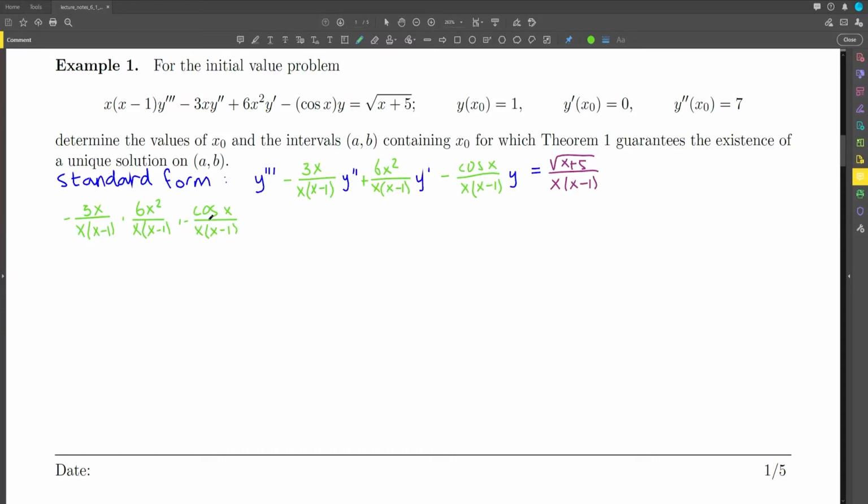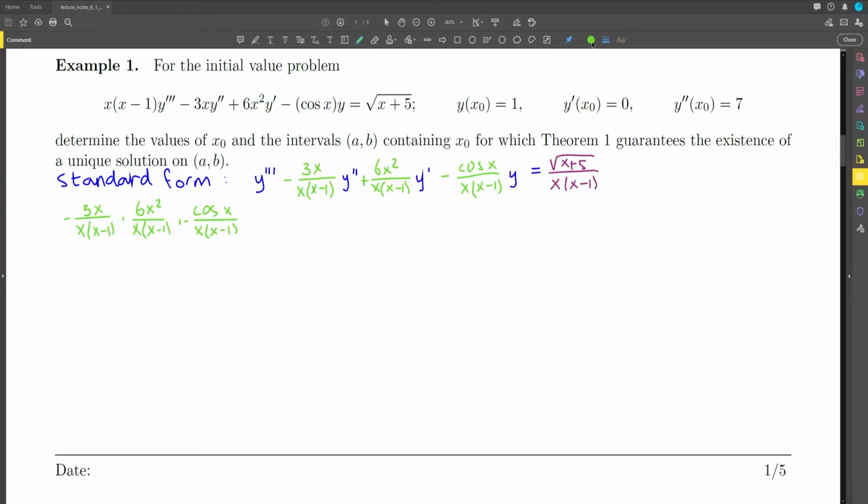We can put a minus in front of that. If we look at these functions, the only problem points that occur here are when we divide by 0. And so the domain of these functions are all real numbers except for 0 and 1.